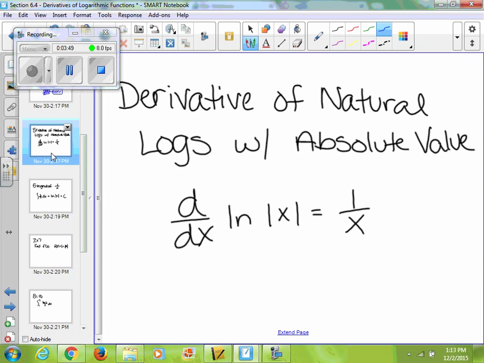The second part of what we're going to look at today is the derivative of natural logs that involve absolute value functions. So the derivative of natural log of absolute value of x is just 1 over that x.